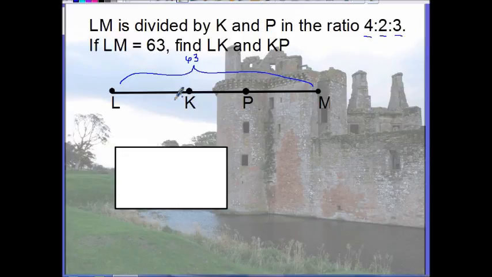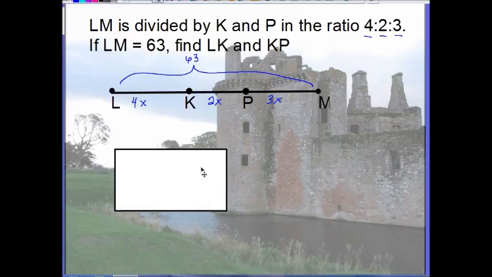Since we don't know how big each one is, instead of guessing, let's put a 4x here, a 2x here, and a 3x here. It's divided by K and P, so the order of the ratio should match the order in which we're seeing this. Now, let's try and find out what LK and KP are.